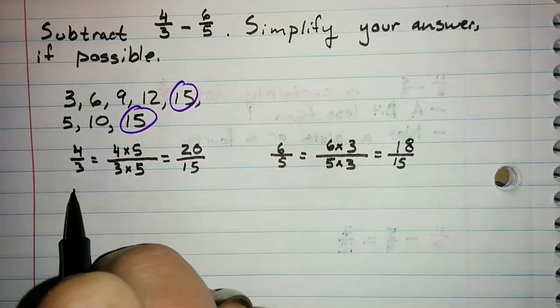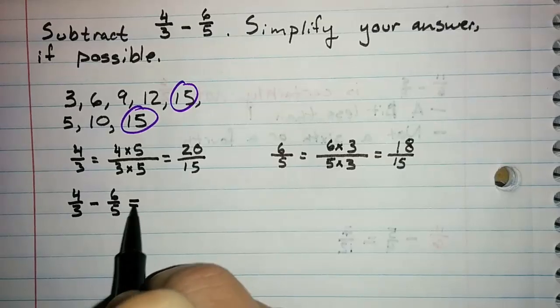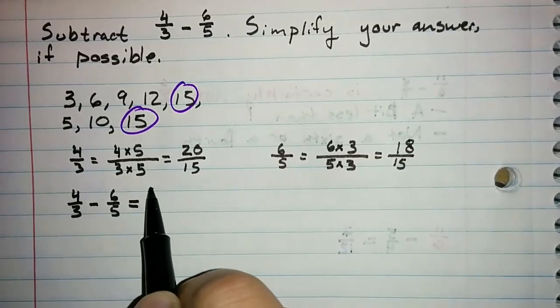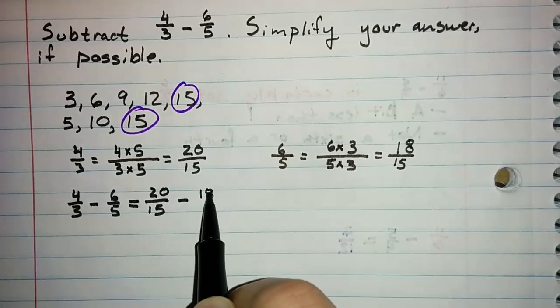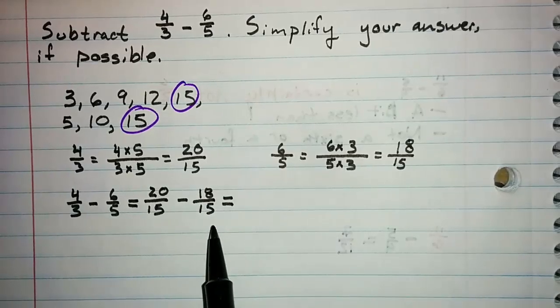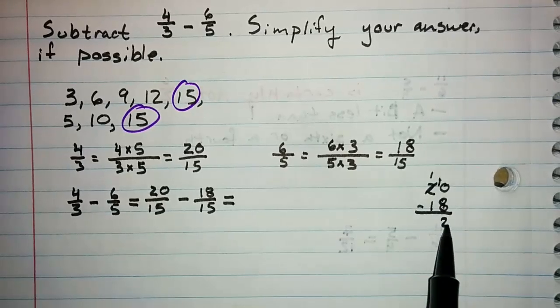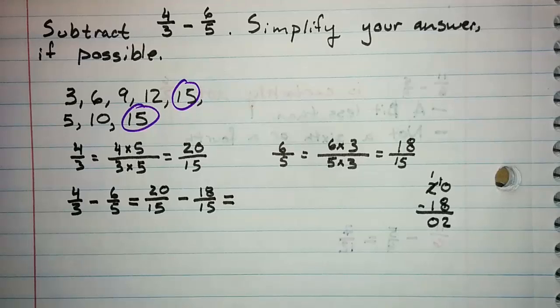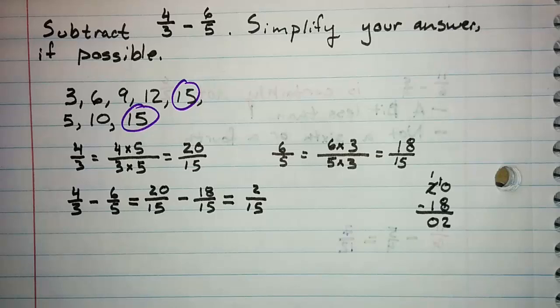So my original subtraction problem, 4/3 minus 6/5, is the same as the subtraction problem, 20 15ths minus 18 15ths. 20 minus 18? 10 minus 8 is 2. 1 minus 1 is 0. This is 2 15ths. 2 and 15 don't have any factors in common, so I can't simplify this at all.